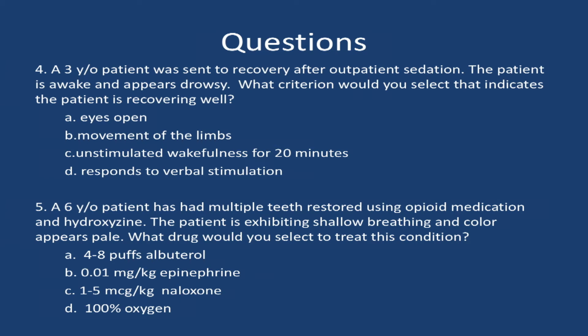Because the patient has shallow breathing, you'd want to maybe start a micro drip of 1 to 5 micrograms per kilogram of naloxone to reverse the sedation effects of the opioid, and that is what drug? It's usually Demerol or some other opioid, could be morphine, but we typically have described meperidine as the drug.